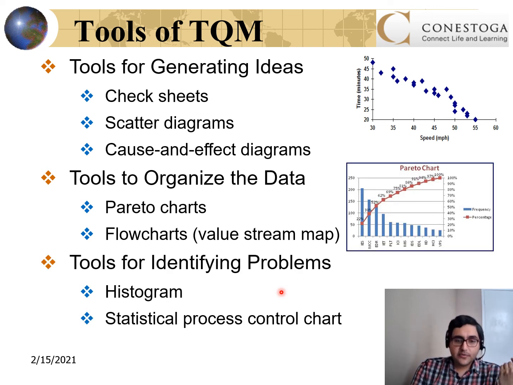And the tools for identifying problems include the histogram and SPC, statistical process control. During the lecture hours, we will be studying the cause effect diagram, the flow charts, and the Pareto chart. These three things are the most important for your examination. That's all we study from this quality management chapter.